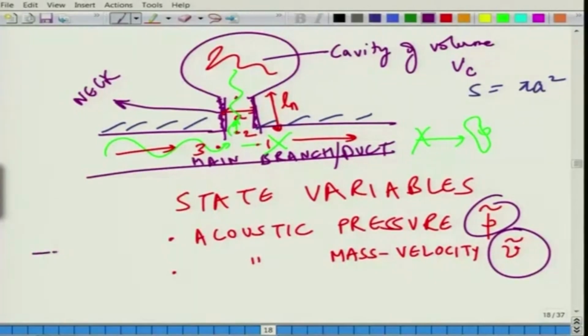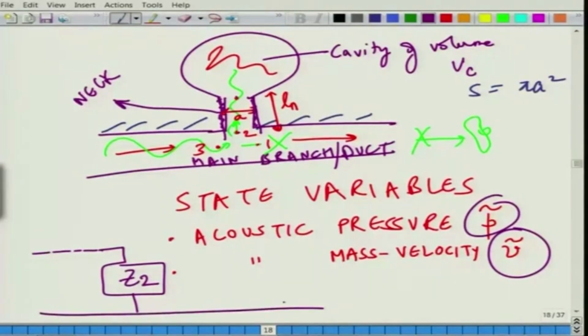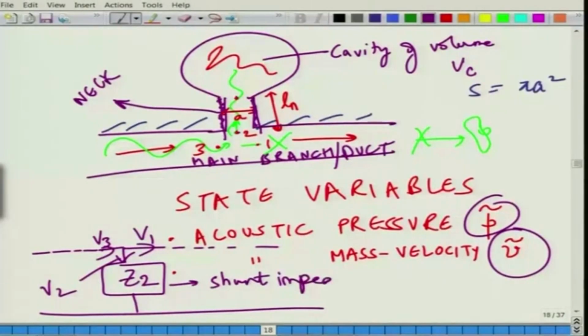So, this goes on, and you have here your Z2, that is what we called it. So, V3, V1, and this is V2. So, this goes on like this. So, this is the shunt impedance of a typical side branch resonator.